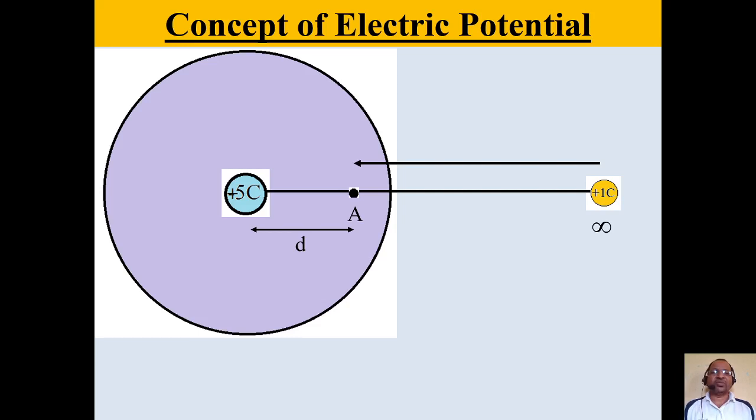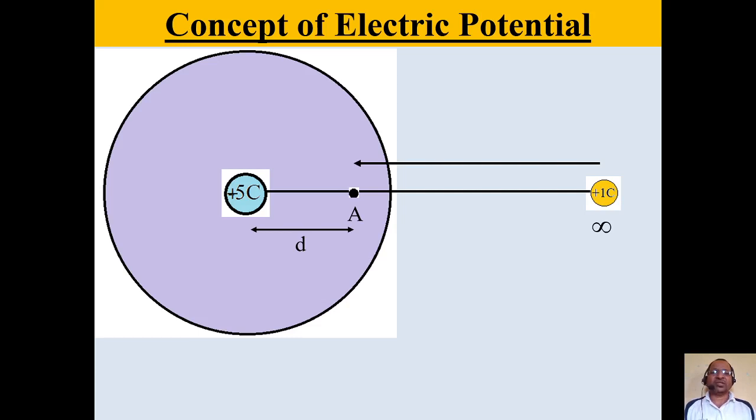So as we move this unit positive charge from infinity towards point A, the force of repulsion goes on increasing. As the force of repulsion goes on increasing, certain work has to be done against the force of repulsion, that is against the direction of electric field.